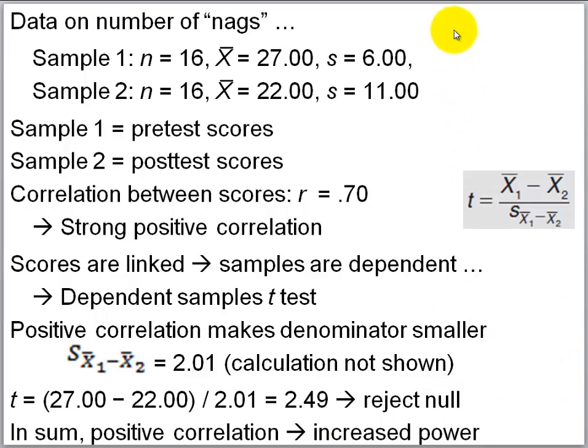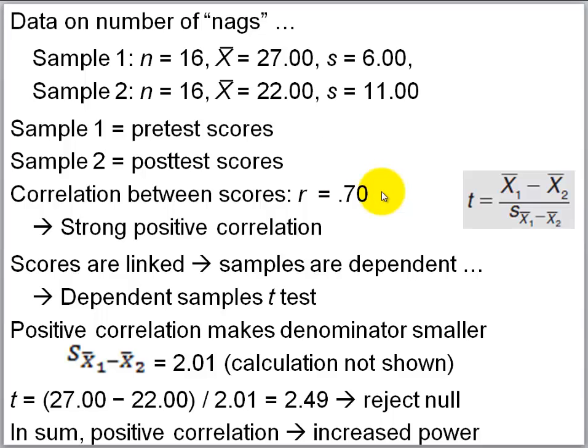Now I'm presenting identical data on the number of nags, so to speak, in this new slide. Now the difference is that in this new slide, sample 1 is conveying pre-test scores and sample 2 is conveying post-test scores.